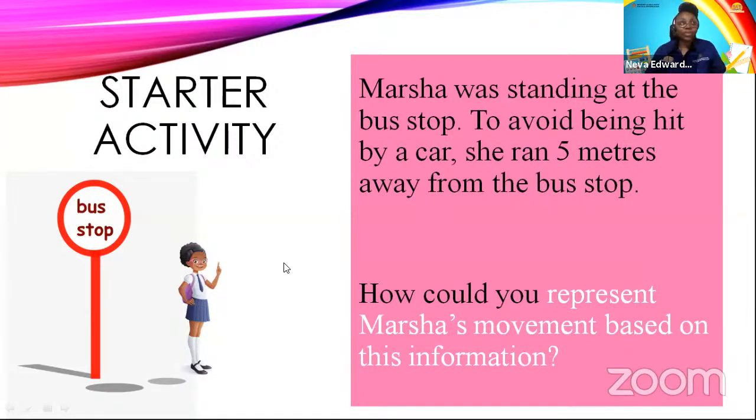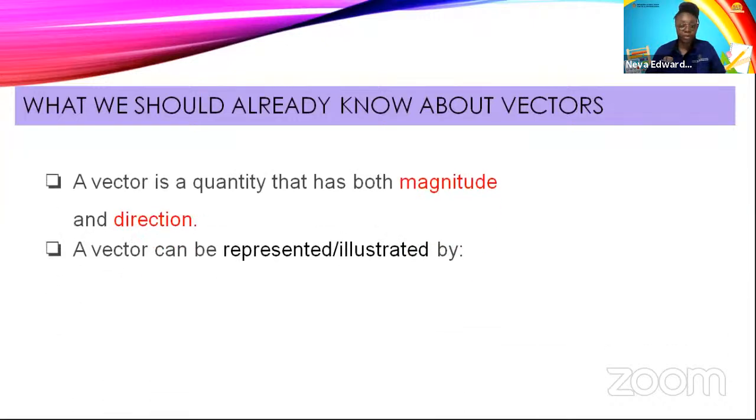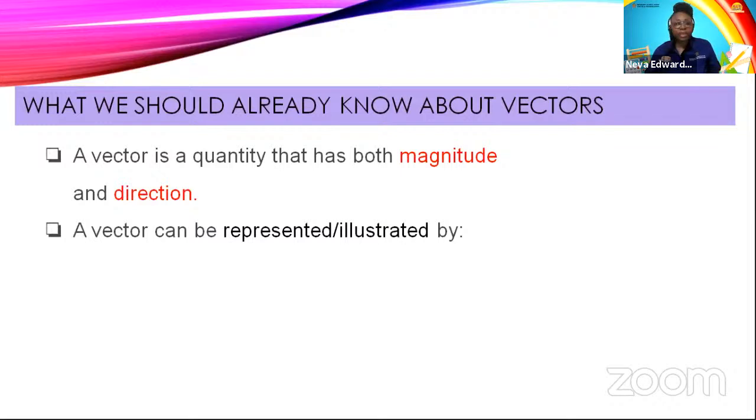All right. So you know what, Camille, I'm thinking that we need to go and check some of the things that the students already know about vectors. So students, what do you know already, or what is it that we are saying you should know about vectors? So the first thing here, Camille, it says that a vector is a quantity that has both magnitude and direction.